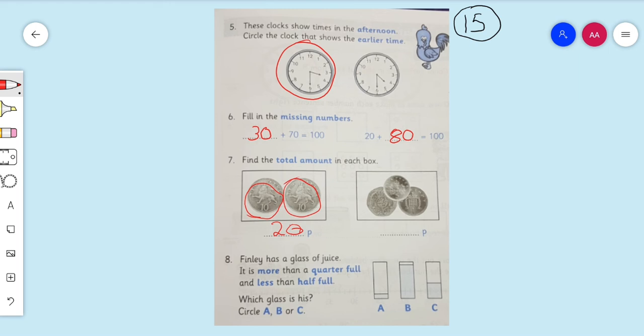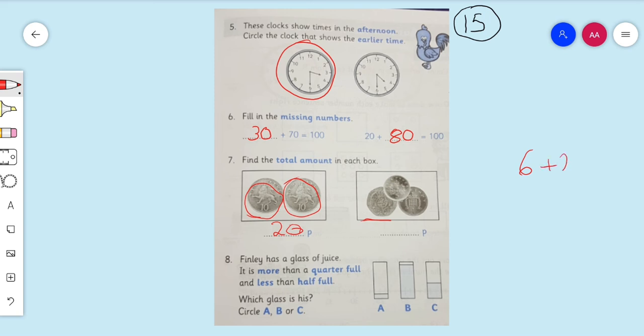So because the 1 is a small number, you can add the 5. It is also a small number, so we can put 5 in our mind and count onwards 1. So 5 in your mind and then 6. So firstly we know it's 6. And there's a 20 here as well. So we need to add the 20 into 6.